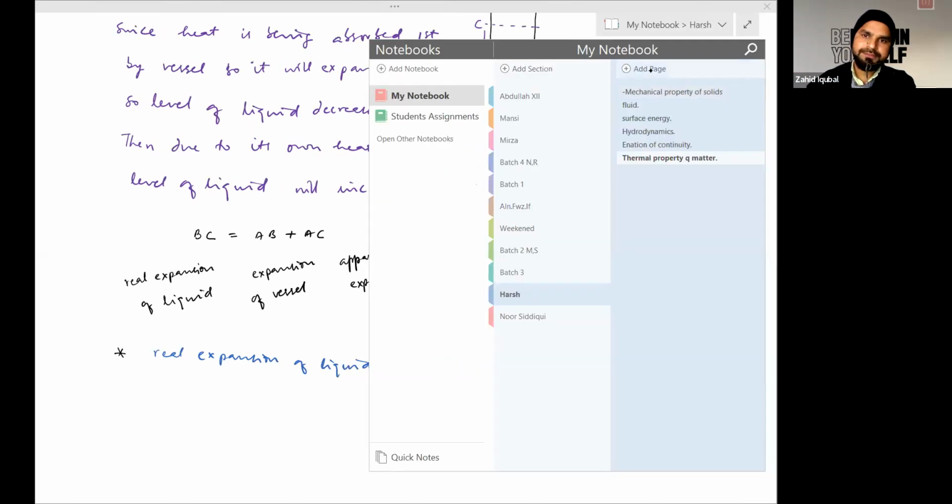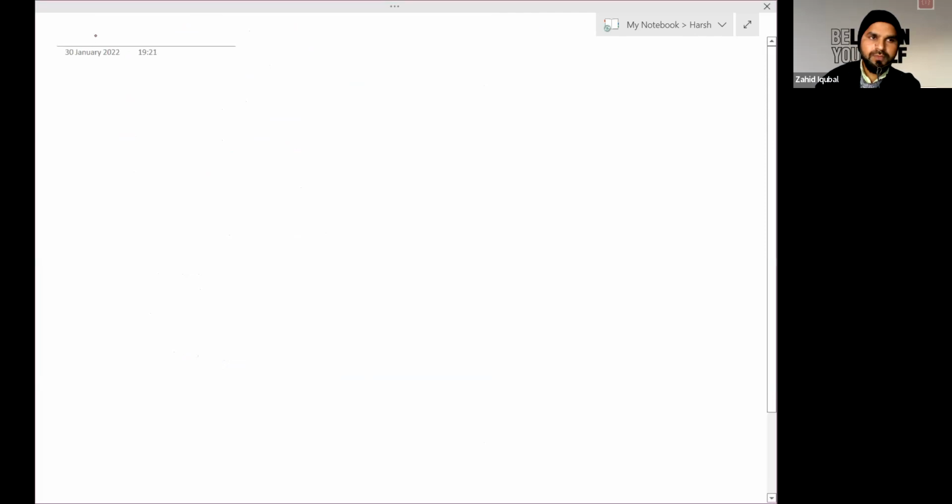Next, we start with a new term that is called calorimetry. So first, what do you mean by calorimetry? You will say the study of exchange of heat between system and surroundings, which results in change of state or change of temperature, is called calorimetry.